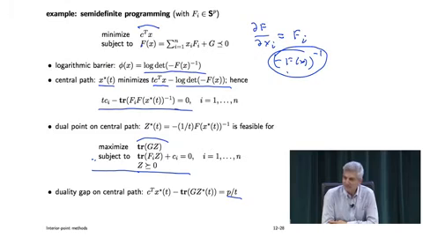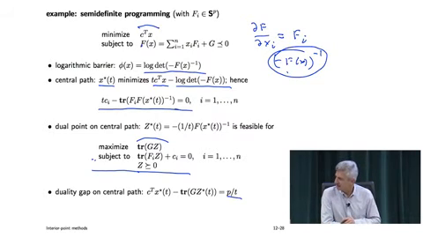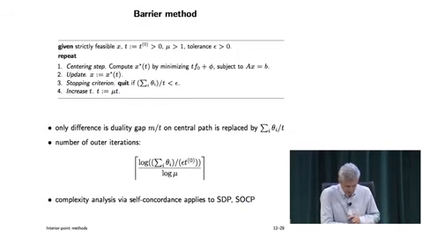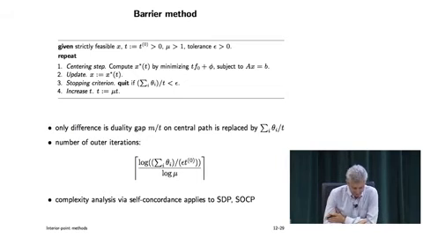So that's it. This stuff has been well known for maybe 15 years now, 20 or something like that. But 20 years ago, not that many people knew about this kind of stuff. So now we have the barrier method. Here's a hint. It's identical. It's exactly the same.